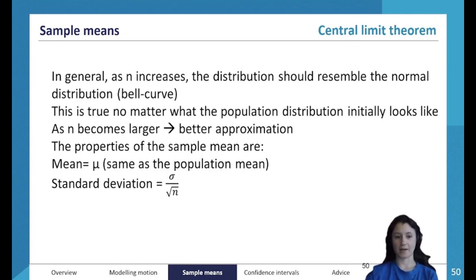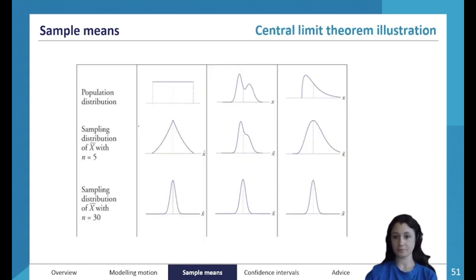And then the mean of the samples is going to be the same as the population mean, and the standard deviation of the samples will be the standard deviation divided by the square root of the number of samples taken. And here we can see a nice visualization, alright?